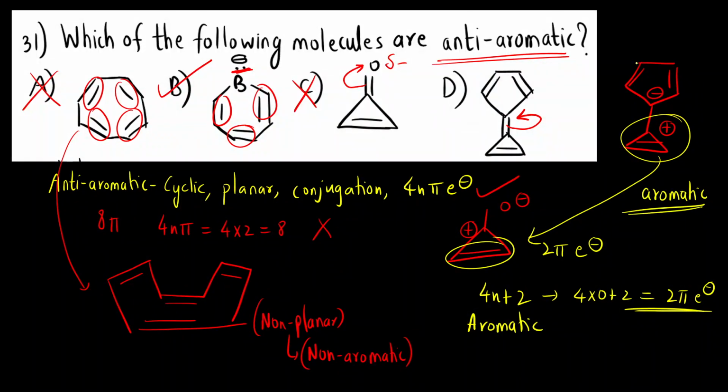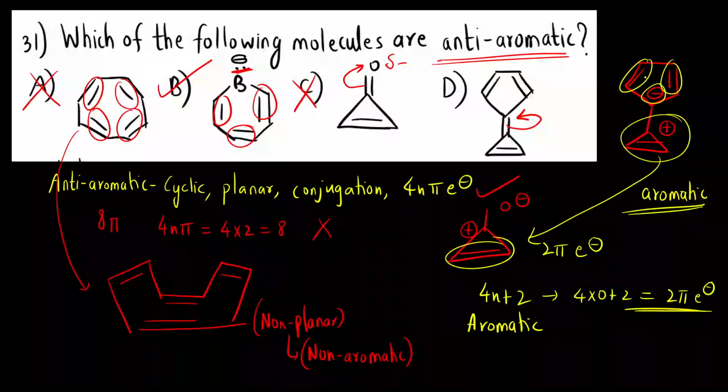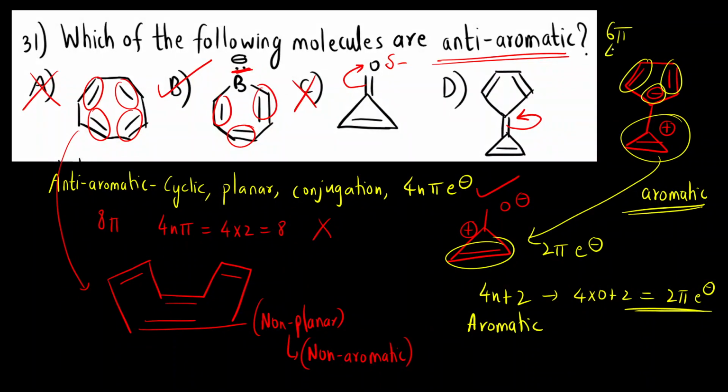Here, 2 plus 2 is 4, plus 2 is 6 pi electrons. If I put n equal to 1 in 4n plus 2, 4 plus 2 is 6 pi electrons. So this is also aromatic. So the purpose of this question is that option D is also incorrect. Only option B is correct.